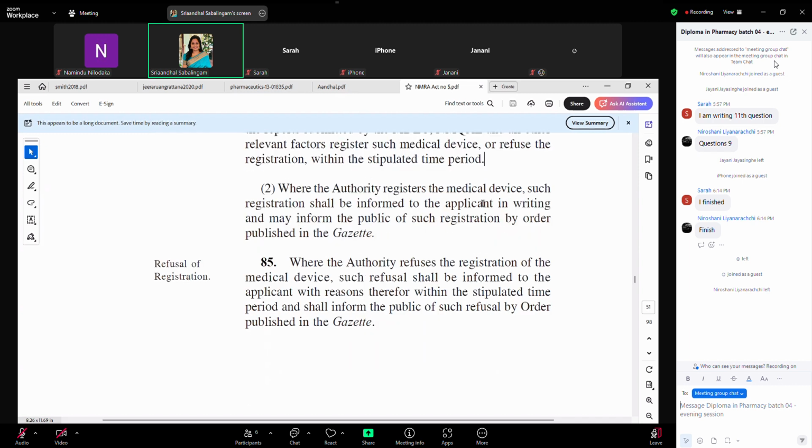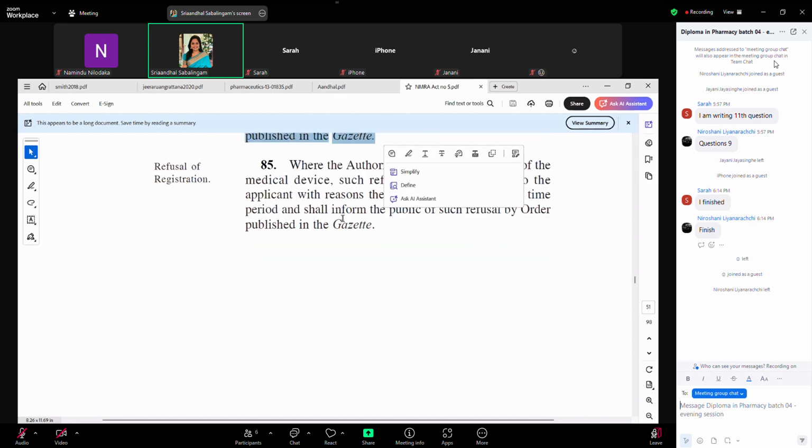So where the authority registers the medical device, the registration shall be informed to the applicant in writing and may be informed to the public by publishing it in the Gazette. And where the authority refuses the registration, the refusal shall be informed to the applicant with reasons within the stipulated time period, and the public shall be informed of such refusal by publishing it also in the Gazette, right?